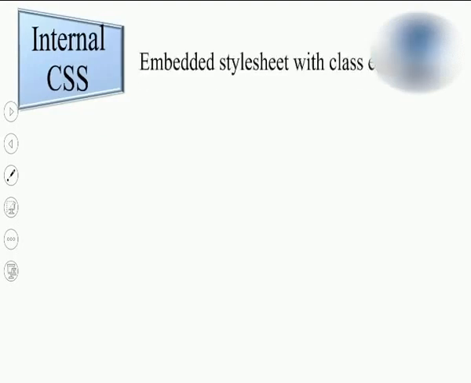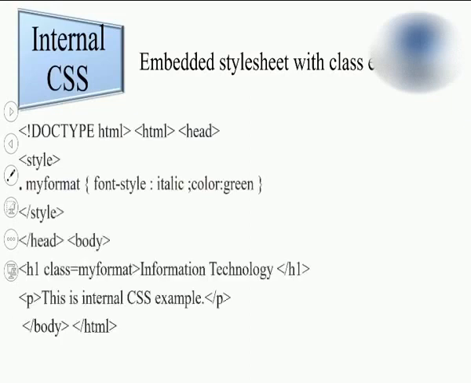This is an example of making use of the class in internal CSS. In question number 8A of your theory online examination, the question may come to give a specific font or specific format for any paragraph or any text by using internal CSS.